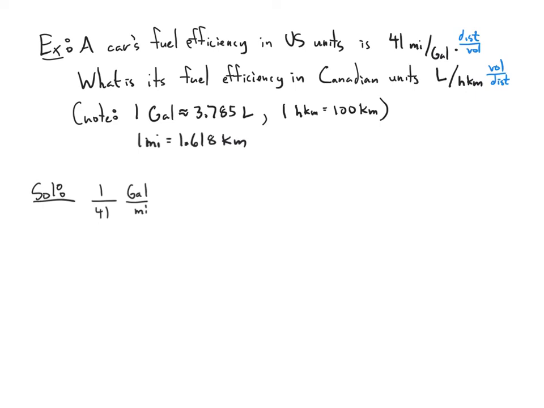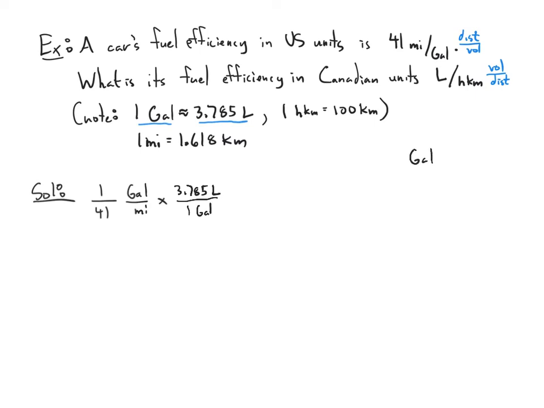So let's convert from gallons to liters. First, we're given that 1 gallon is 3.785 liters. So I'm going to multiply this by, we want to get rid of gallons, so 1 gallon down the bottom, and 3.785 liters up top. So I've converted from gallons to liters. That's great.